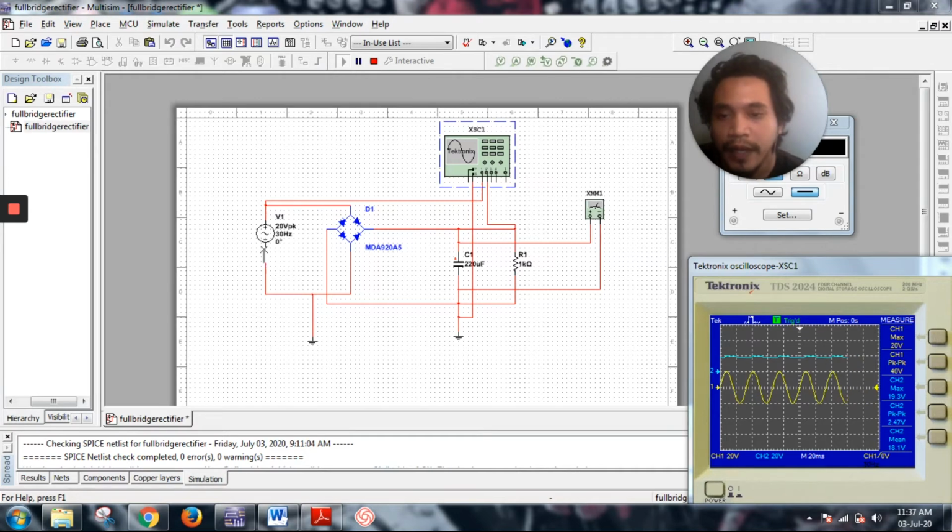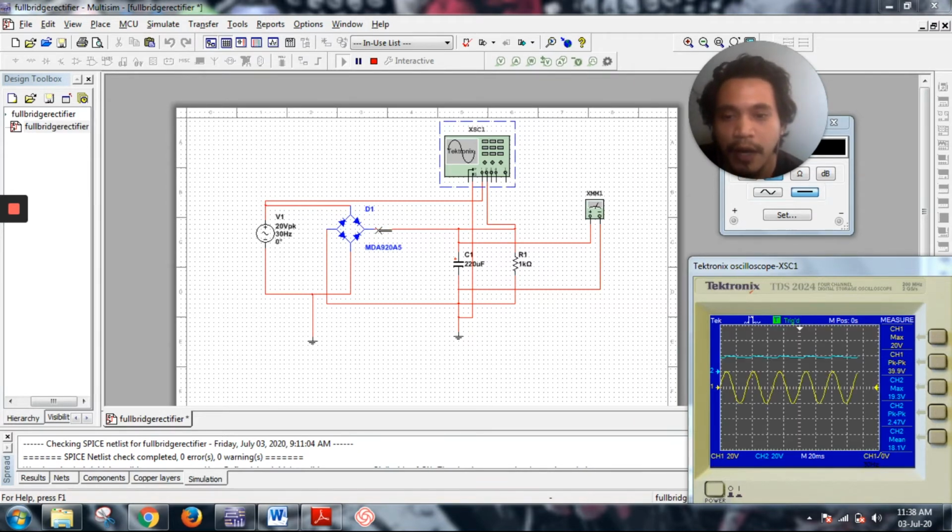And when it is the negative phase of the AC current, the negative part will go to D3 and D4. So D3 and D4 are in series, and D1 and D2 are reverse biased.